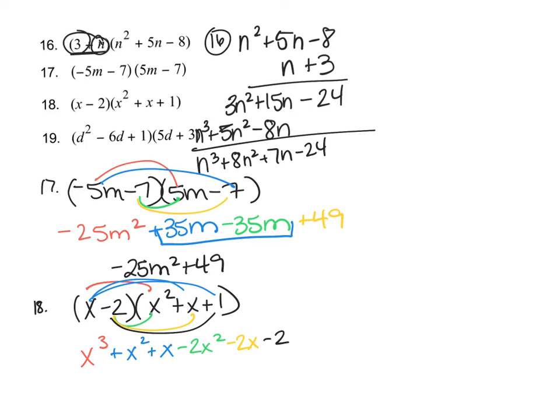And then our like terms, let's see, we've got an x squared here and an x squared here. So we start with the x cubed, and we have x squared minus 2x squared is negative x squared. And then we have an x and a negative 2x, so those are like terms, minus x, and then minus 2. So that's one way to do it.